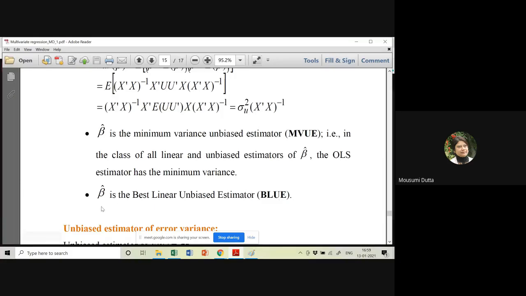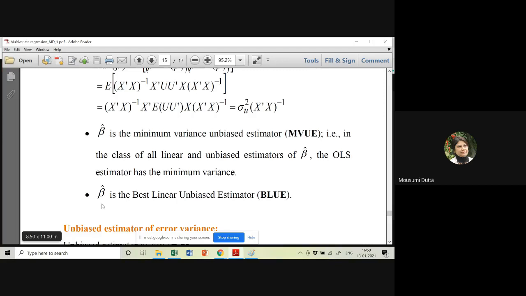So, please complete your homework, everyone. Please check your previous notes, or check the appendix of the two variable chapter in any book. You will get the calculation: if you consider any other linear unbiased estimator and calculate the variance, that variance will be higher than that of OLS.